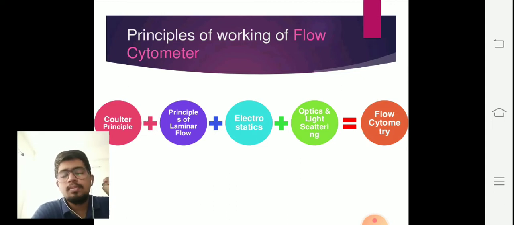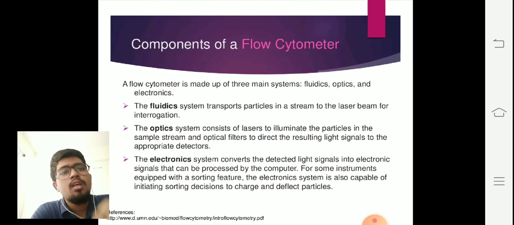All these principles collectively help in effectively determining physical properties, counting cells, or doing the DNA analysis that flow cytometry can do. They are very important and essential to understand how this flow cytometer works.